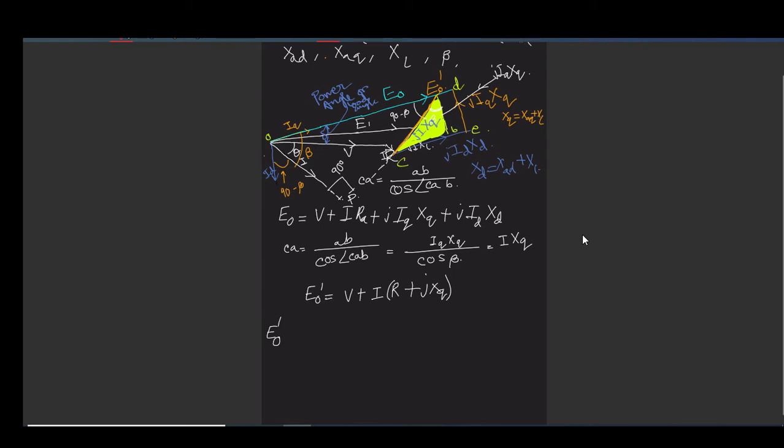One component is along this, cos delta, that is V. So we can write E0 dash, cos delta plus j sin delta, is equal to V, which we can also write as 1 plus j0, plus I, it is cos theta minus j sin theta, into R plus jXq.